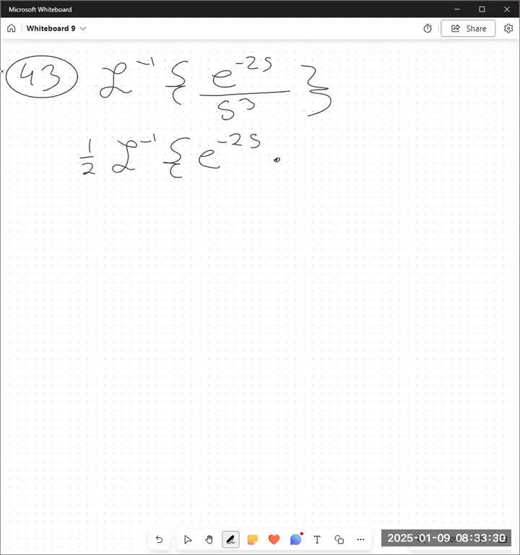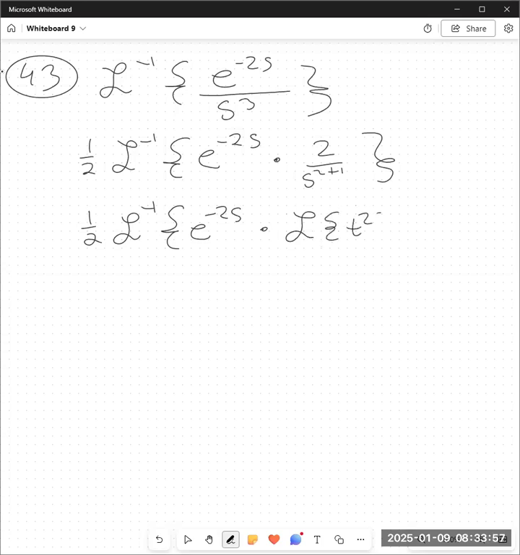That's why I'm getting that 1/2 out there. It's going to be 2 over s cubed. And so because I multiplied by 2 on the top, I multiplied by 1/2 on the outside. This is 1/2 inverse Laplace transform of e to the negative 2s times the Laplace transform of t squared.